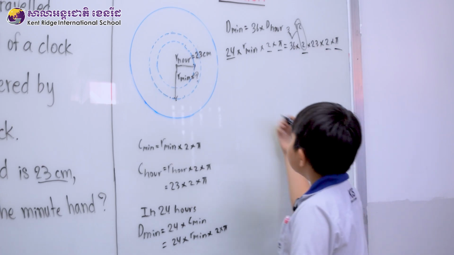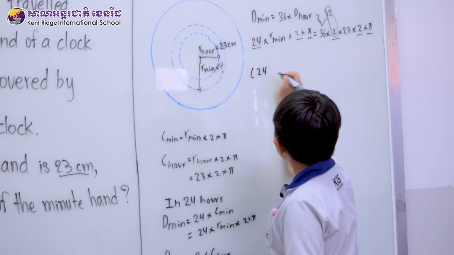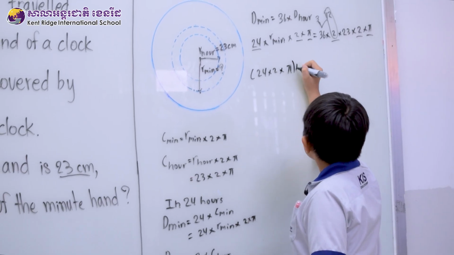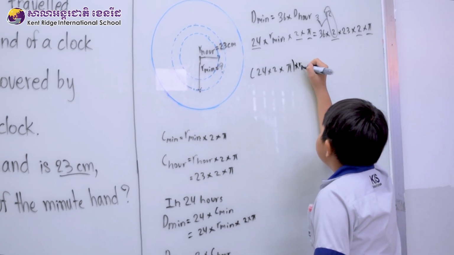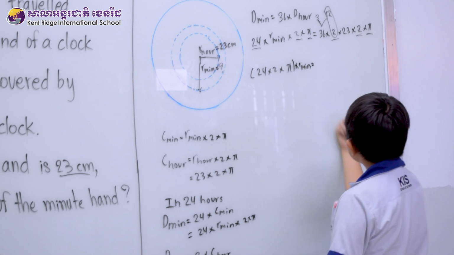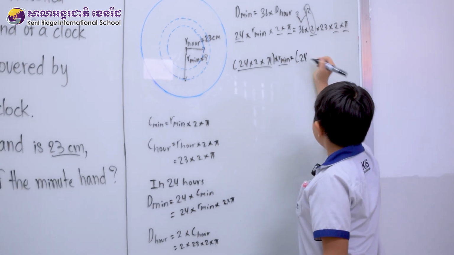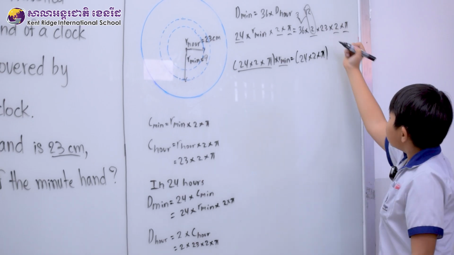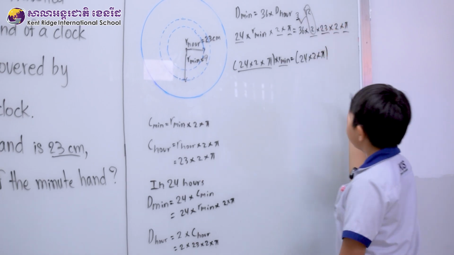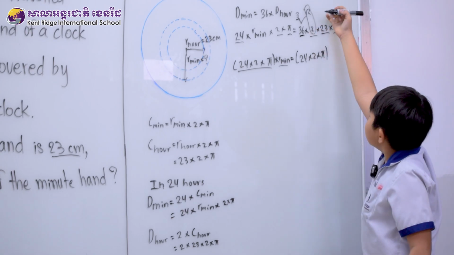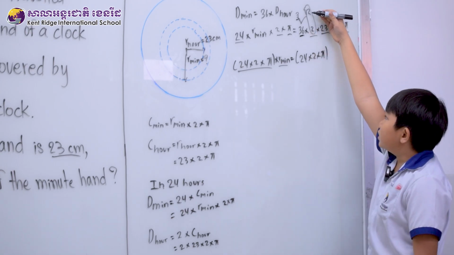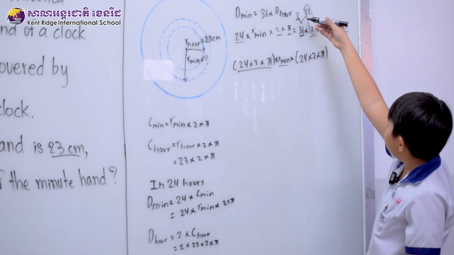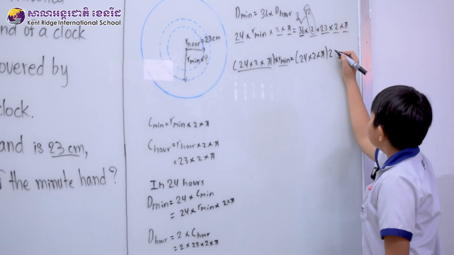So we separate out 24 times 2 times pi times the radius of the minute hand, which is equal to 24 times 2 times pi, and we have 23 and 3 left. We don't use 36 because it's already divided into 3 and 12, and 12 times 2 is equal to 24. So we have 3 left.